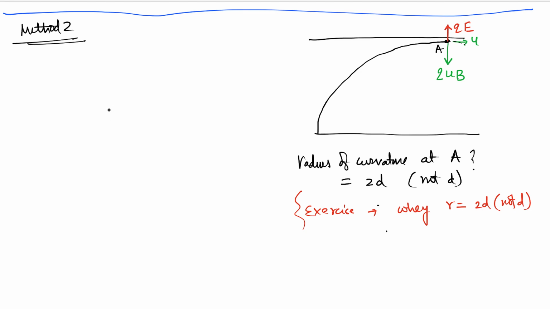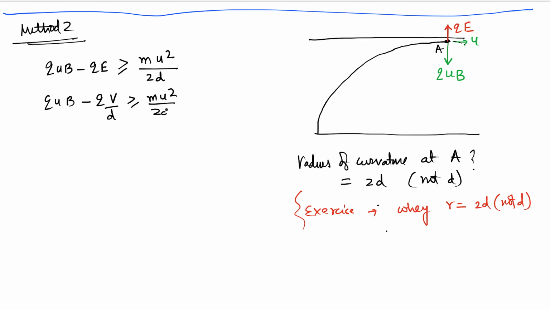Okay. So quB minus qE should be greater than or equal to mu square by 2d. Okay. We can just use, instead of E, V by d, in mu square by 2d. We are using this because V is given.